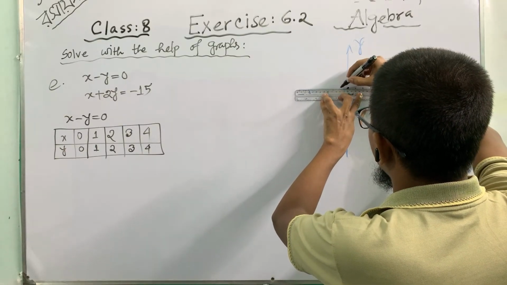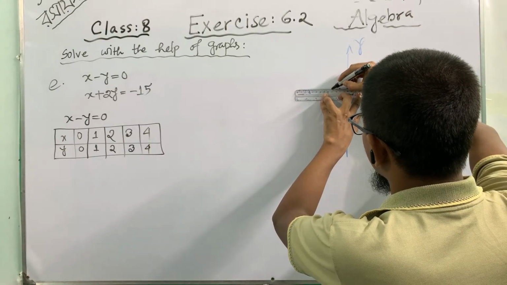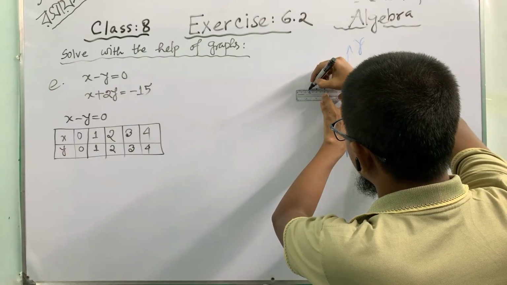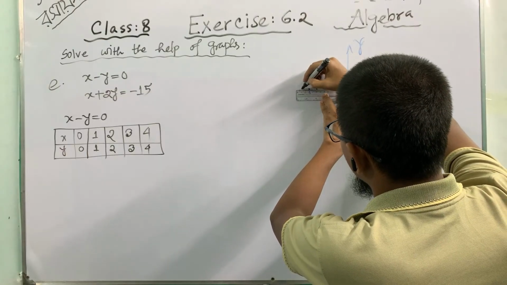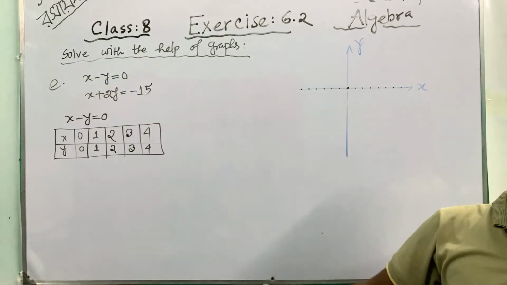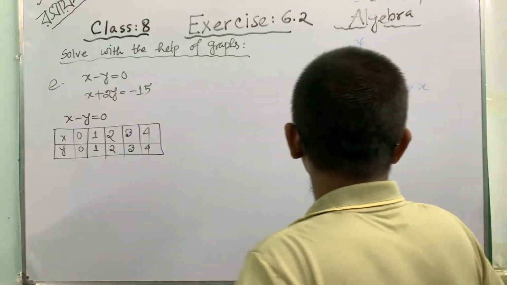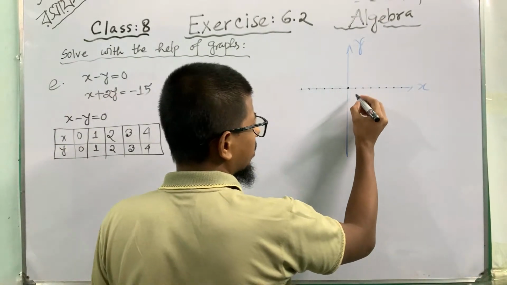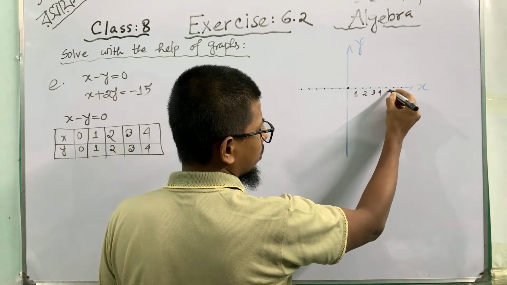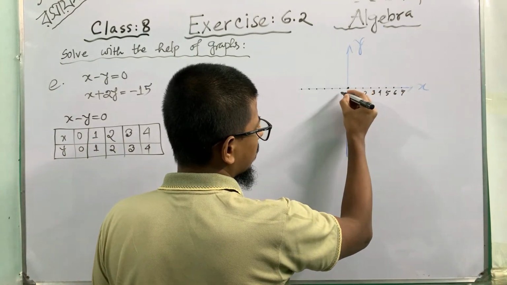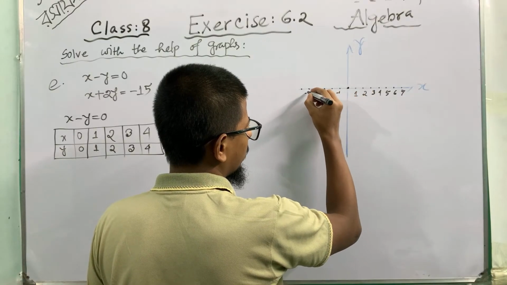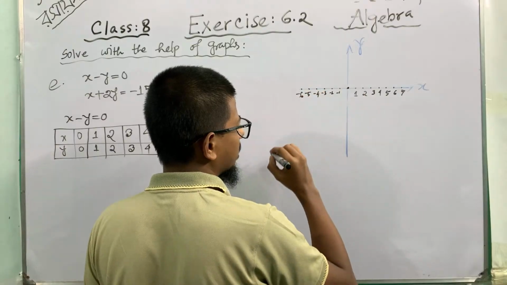And similarly, I have -1 here, -2, -3, -4, -5, -6. I think these points are going to be enough. Okay, so let me quickly label the points 1, 2, 3, 4, 5, 6, 7, -1, -2, -3, -4, -5, -6.